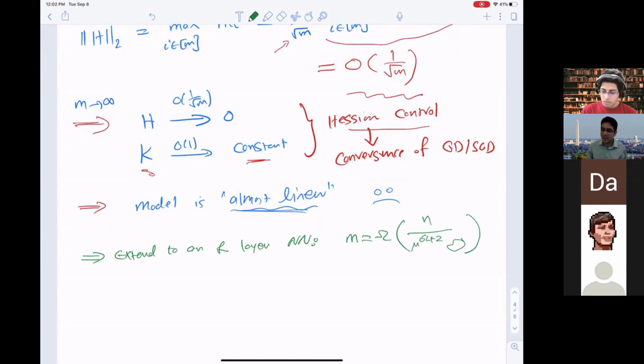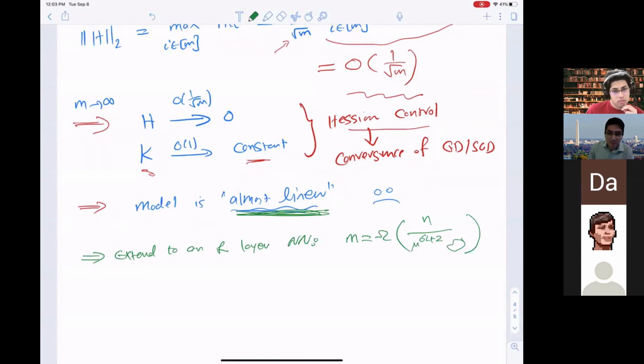So you'll have very small variations in your curvatures, and then you'll have a control on the tangent kernel in a ball around your input that contains the trajectories of gradient descent, and use the results to show convergence. But again, these results also have this issue that in a large system, we are linearizing the system. And in fact, I don't think that explains the full picture. Okay, so let me pause and take some questions.